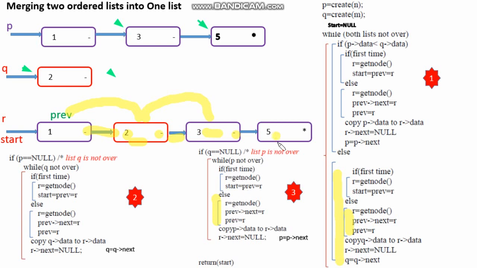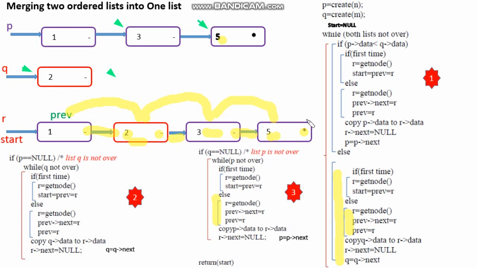R equal to get node, R is made, and previous next, this link is taking place, and previous equal to R. This is going to be the last node, and copy data from P's data to R data. So 5 gets copied here. R next equal to null, this is made null.